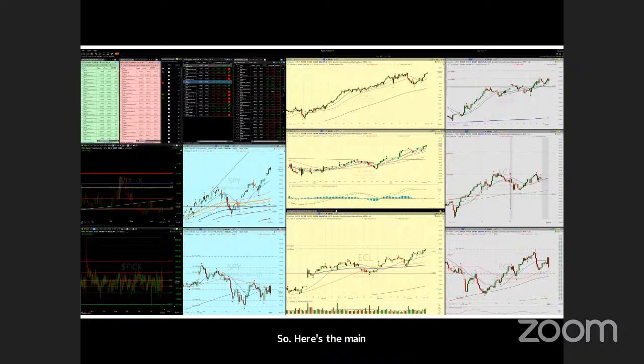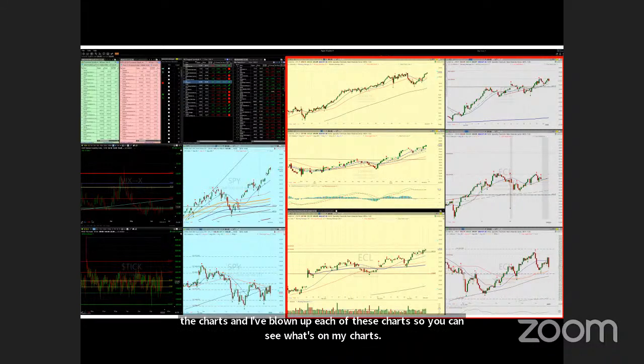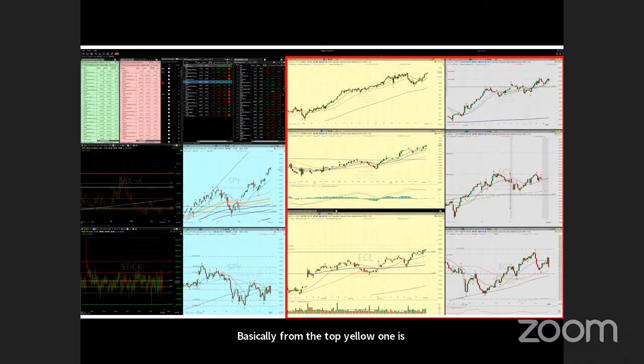These are the charts, and I've blown up each of these charts so you can see what's on them. Basically, from the top, the yellow one is monthly, then we go to weekly. At the bottom is daily, and then on the light gray colored charts, 65 minute, 15 minute, 5 minute.